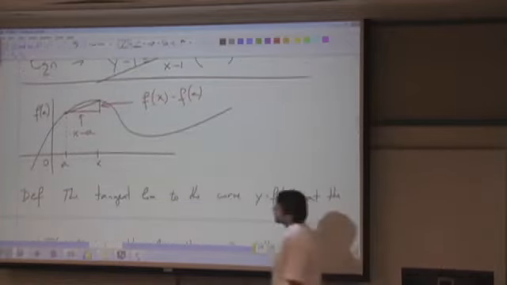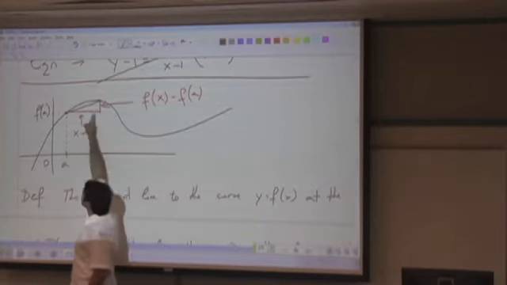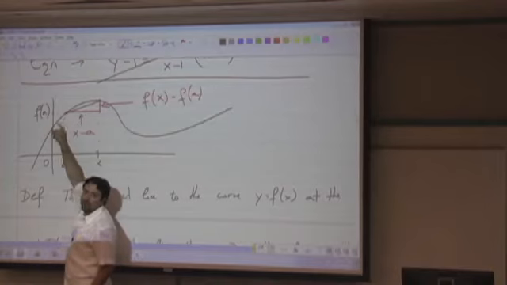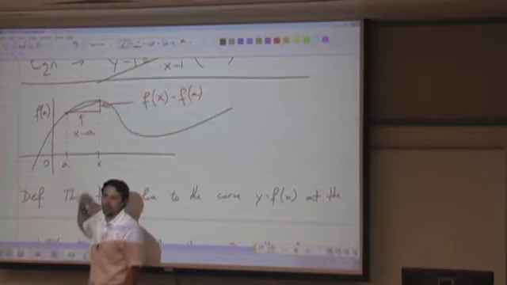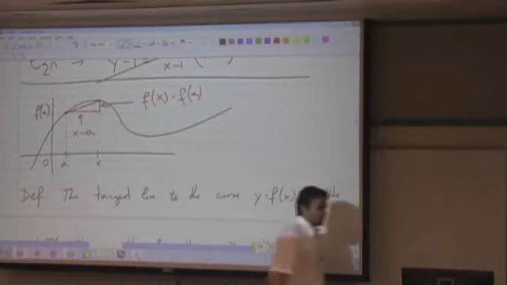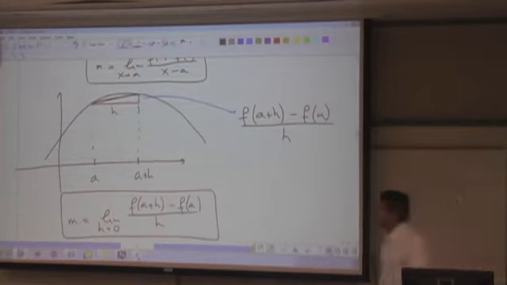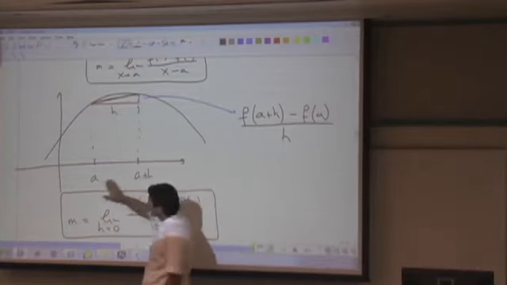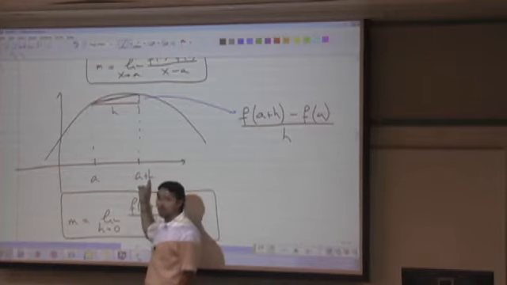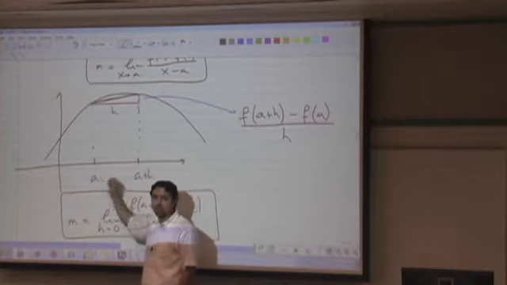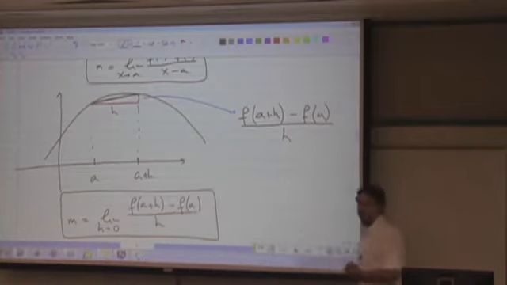The key idea was this distance was getting smaller and smaller, because this point is basically traveling to that point. So this distance was getting smaller, which means x goes to a. The alternate way of looking at things is here, where a plus h is going close to a. But this distance just says that the value of h gets smaller, which means it goes to 0. So we really have a plus h minus a.